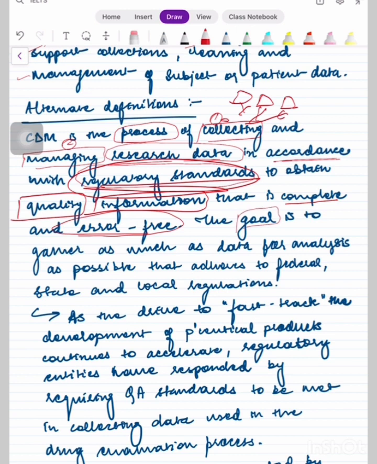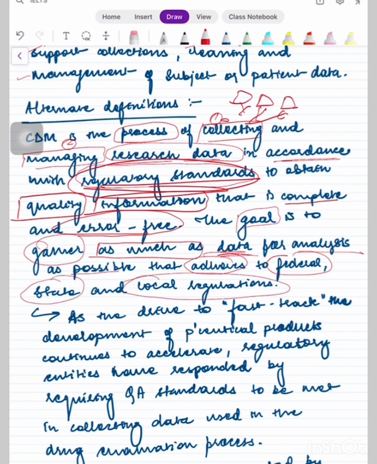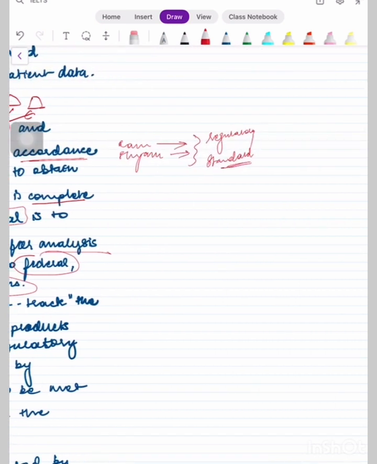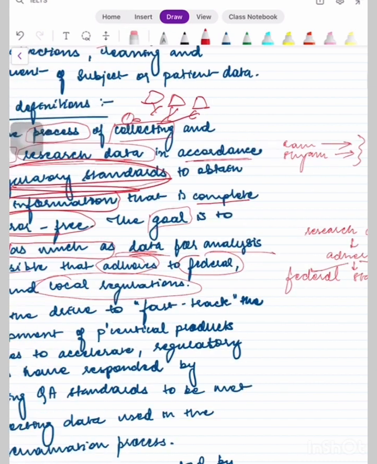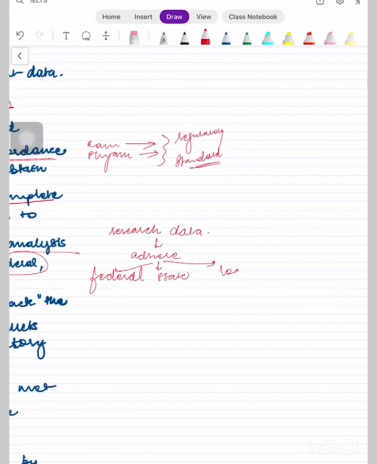The goal is to gather as much data from the analysis as possible that adheres to the federal, state and local regulations. I really like this definition. You are collecting all the research data, and that data should adhere to the federal, which here means central, state and local regulations.